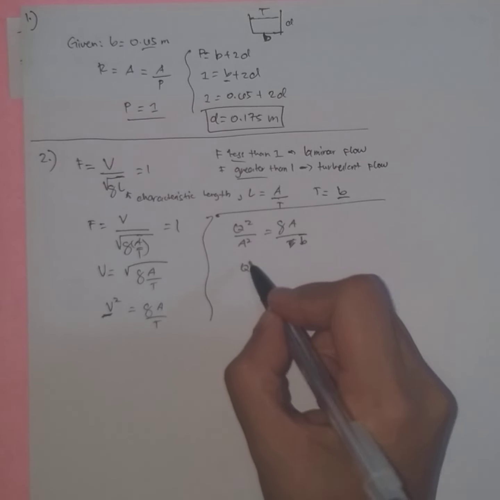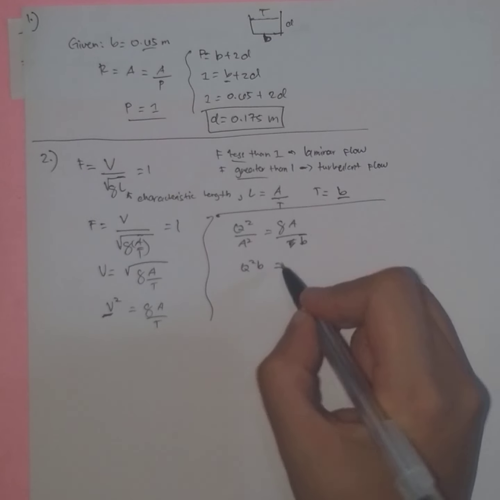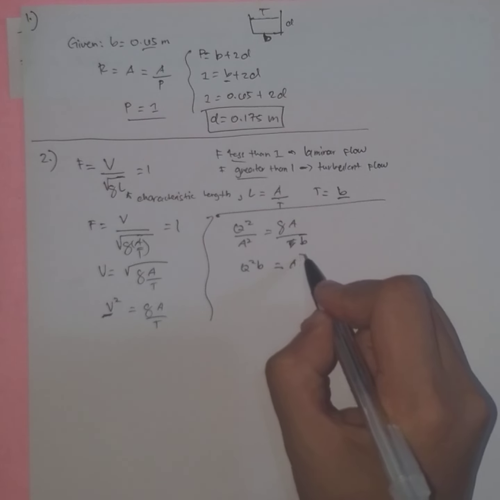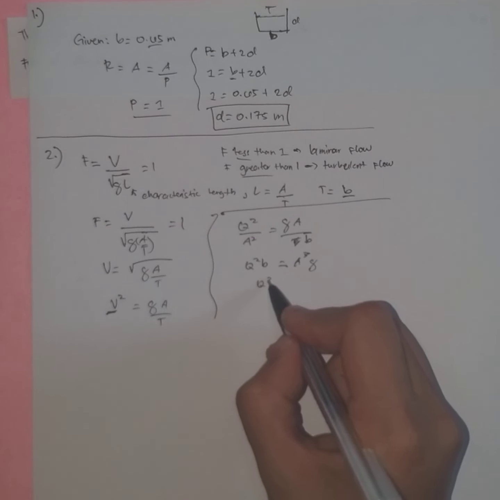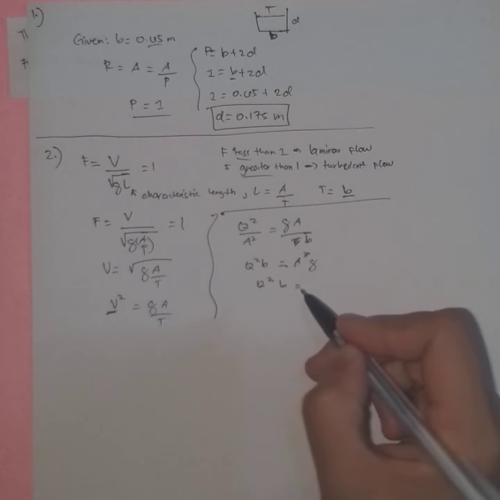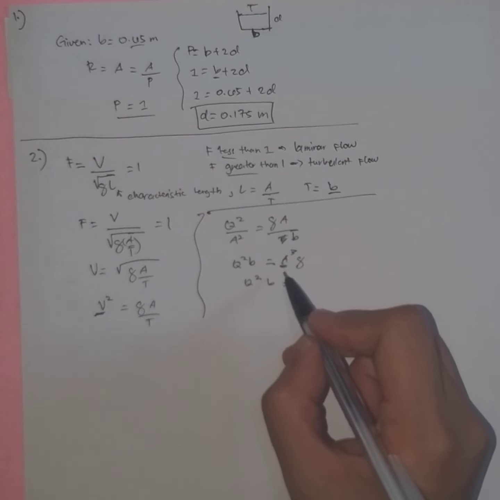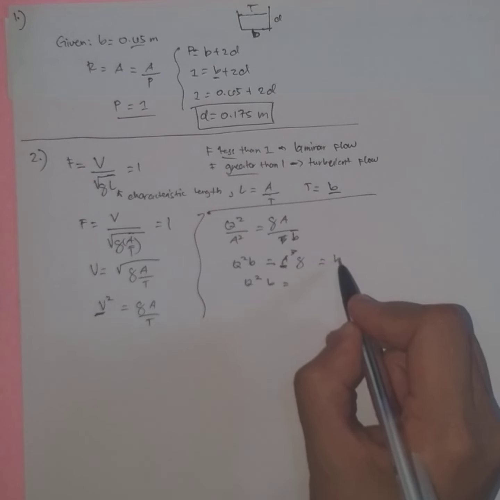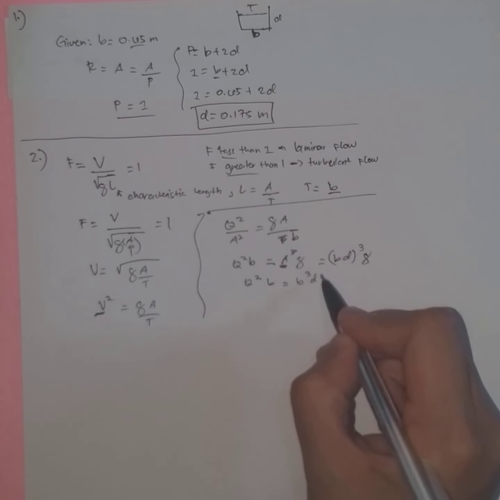That is Q squared B equals A cubed g. Let's express this as BD, right? So that's B cubed D cubed g.